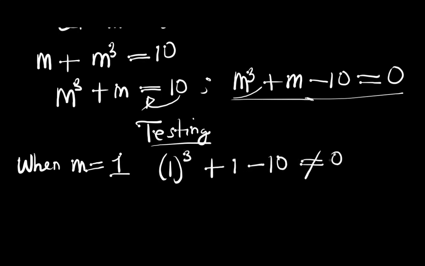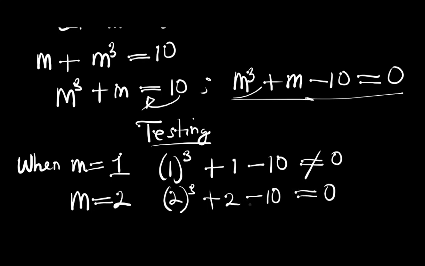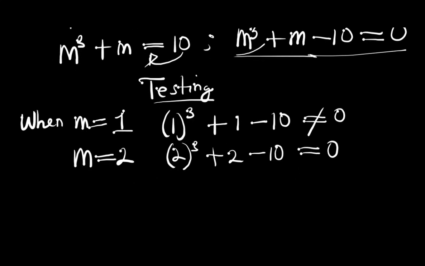This is obviously not equal to 0. When m equals 2, this will give us 2 power 3 plus 2 minus 10, and this equals 0. That means m equals 2 is one of the solutions, and we can have it as m minus 2 equals 0.